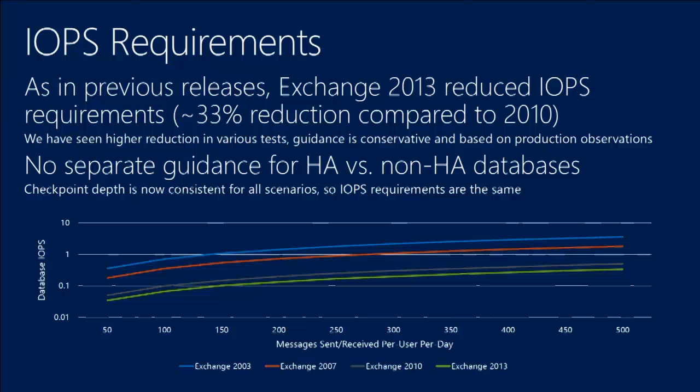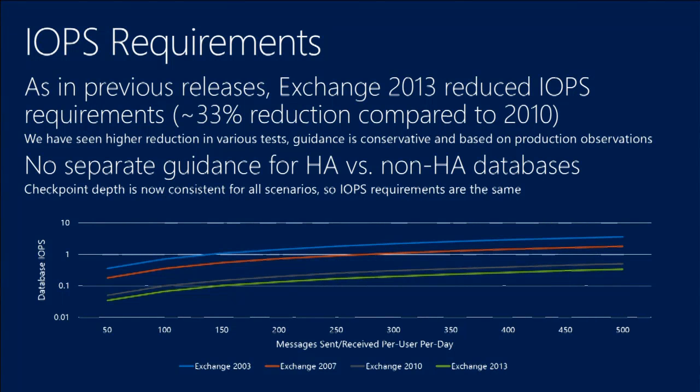But the other thing we've done in this area is make the sizing process a little less complex. In 2010, we had different I/O requirements for databases associated with a DAG versus standalone databases. The difference was really around checkpoint depth. If you had a database that was part of a DAG, the checkpoint depth was higher.